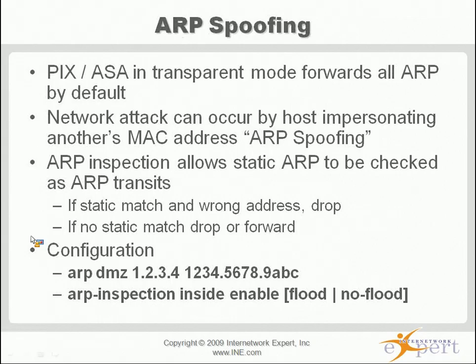By default, at the end of an access list, you have a deny, and the deny statement is going to prevent other traffic from passing. So the implicit deny at the end of an access list.